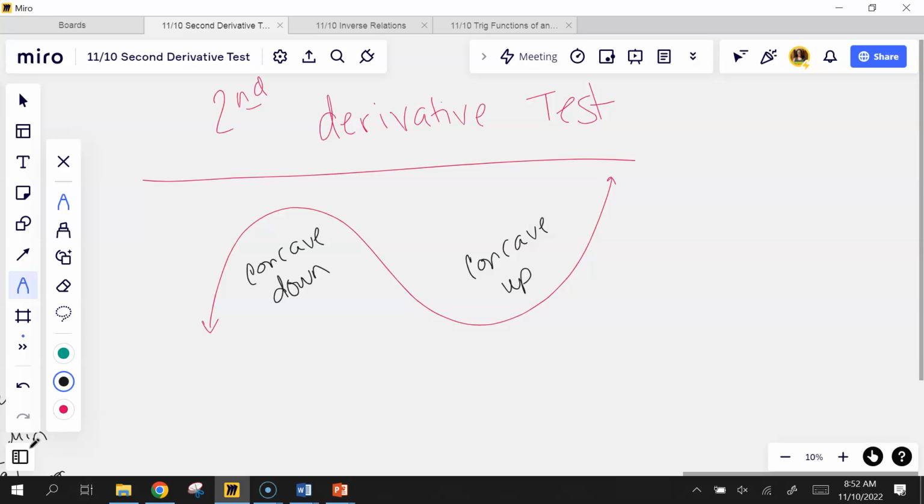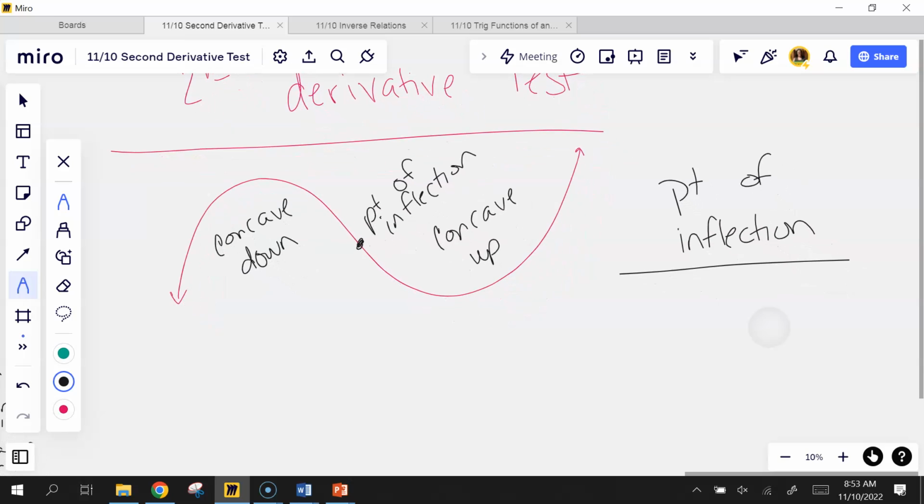Well, the place where I change concavity is what we call a point of inflection. And these points of inflection, this is the second derivative test, happen where the second derivative equals 0 and changes signs.